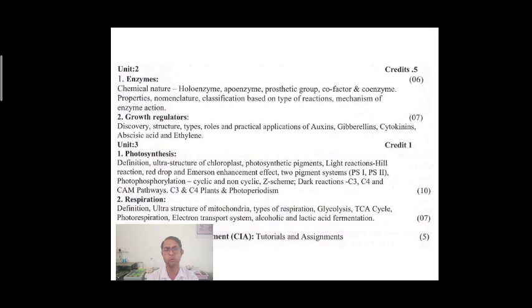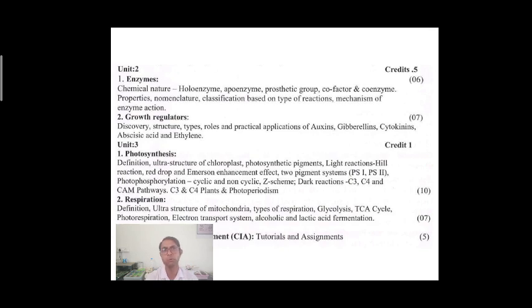As we know, growth in plants is controlled by some different substances, or we call them regulators. Auxin, gibberellins, cytokinins, abscisic acid and ethylene are the different growth regulators, or we can say growth promoters, which we are going to discuss in unit number 2, growth regulators.